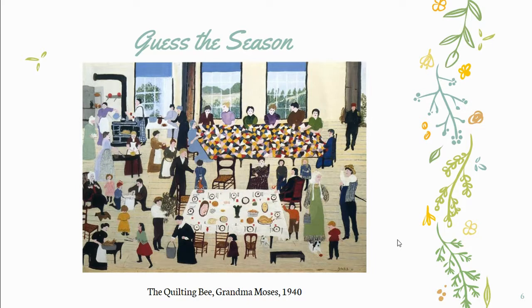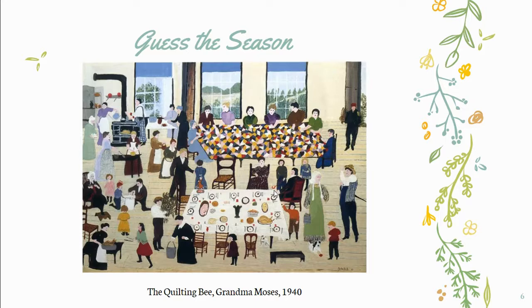It's called the quilting bee, so the title is not giving any hint of the season. But I would say, based on green leaves and long sleeve shirts, that it might be early spring. Okay. But then the turkey on the table may be Thanksgiving. So this one is a hard one. Your guess is as good as mine.